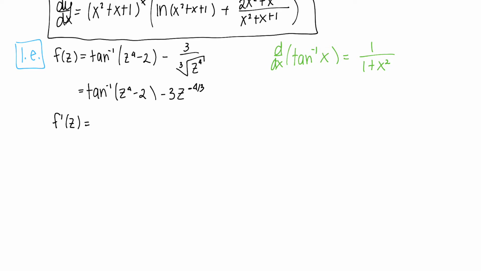So we're going to replace the x with the z to the 4th minus 2, and then we will multiply by the derivative of z to the 4th minus 2. So it's like you have this outside part, and his derivative would be 1 over 1 plus z to the 4th minus 2 squared. And then you have this inside part, and you're multiplying by his derivative, which would be 4z cubed.